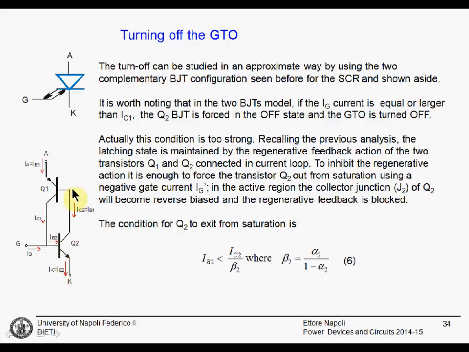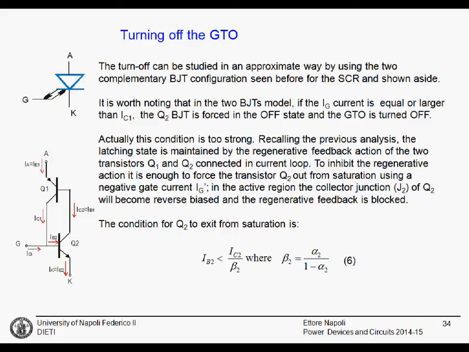There will be no base current for the PNP transistor near the anode terminal, and the device will switch off. In this model, it is possible to switch off the thyristor with a negative pulse on the gate.